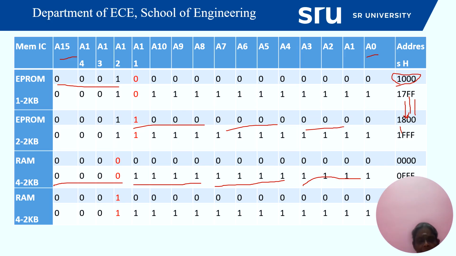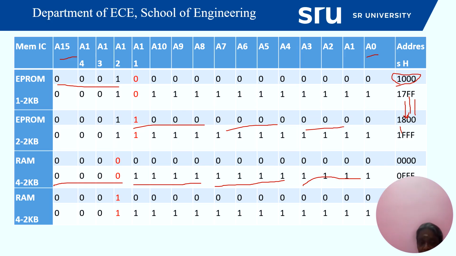Next, the next starting address. What is the starting address? After completing 2 kilobyte, next to 0 is 1, next to F is 0, next to F is 0, next to F is 0. So 1000 is the address, the starting address of the second RAM.